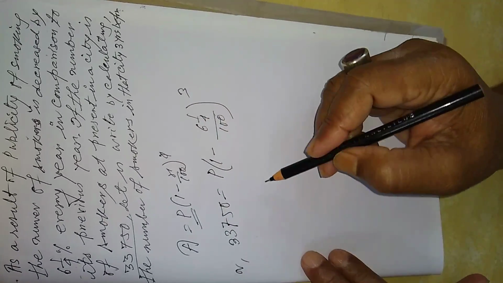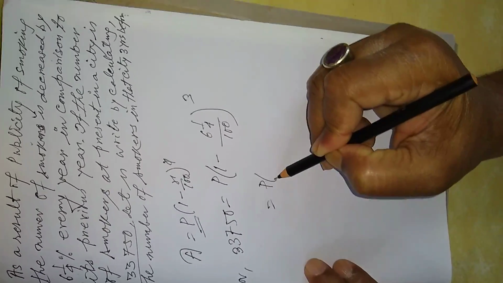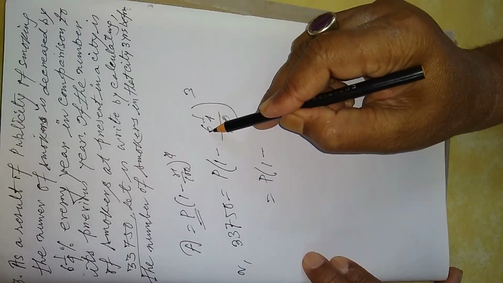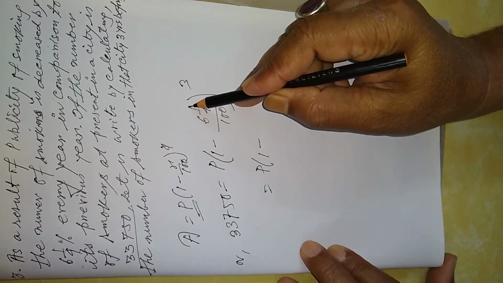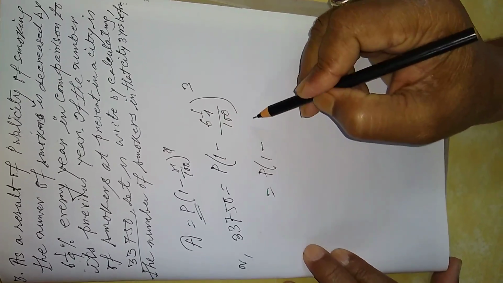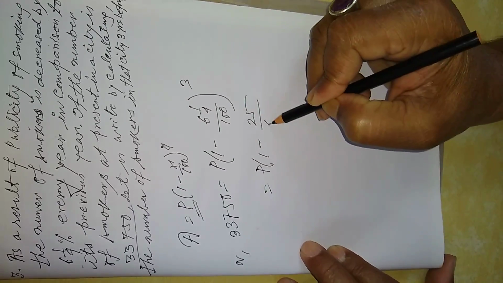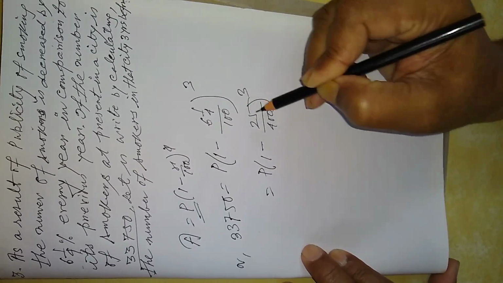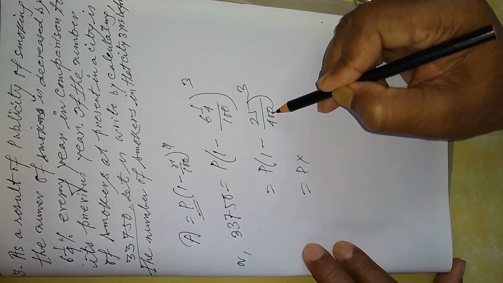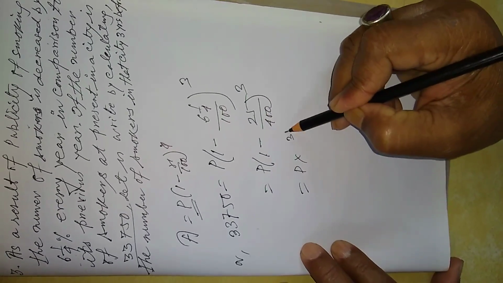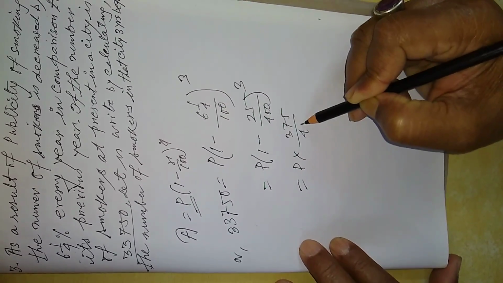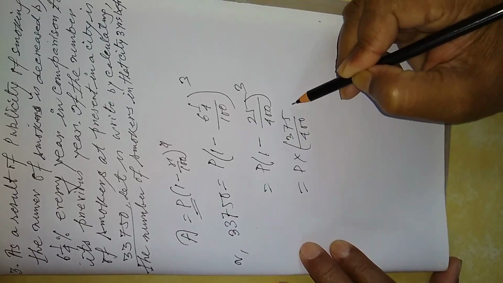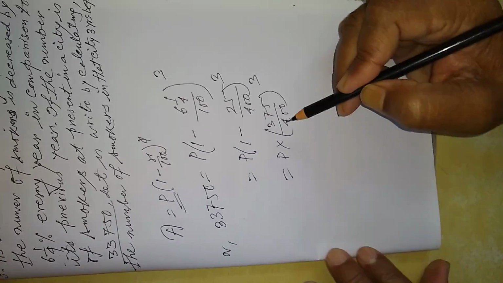So the sum is clear. 6 into 4 is 24, plus 1 is 25, so 25 by 4 divided by 100, that is 25 by 400. So P into 400 minus 25, 375 divided by 400, whole cube.